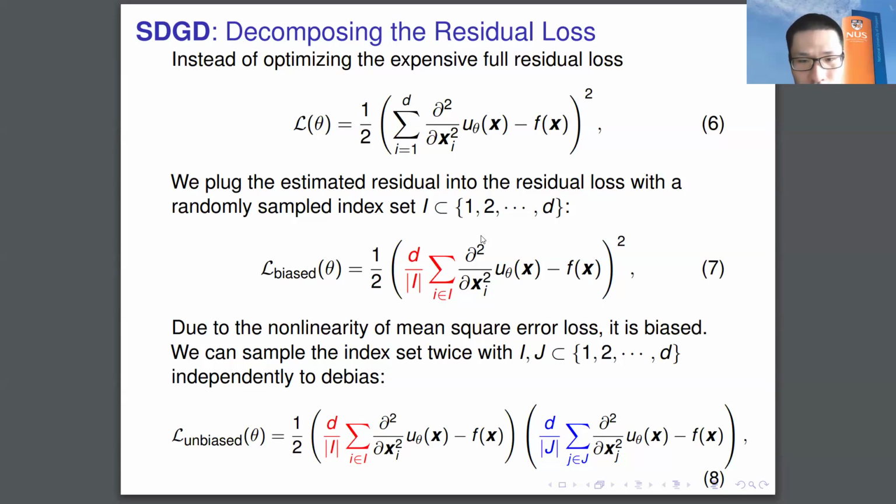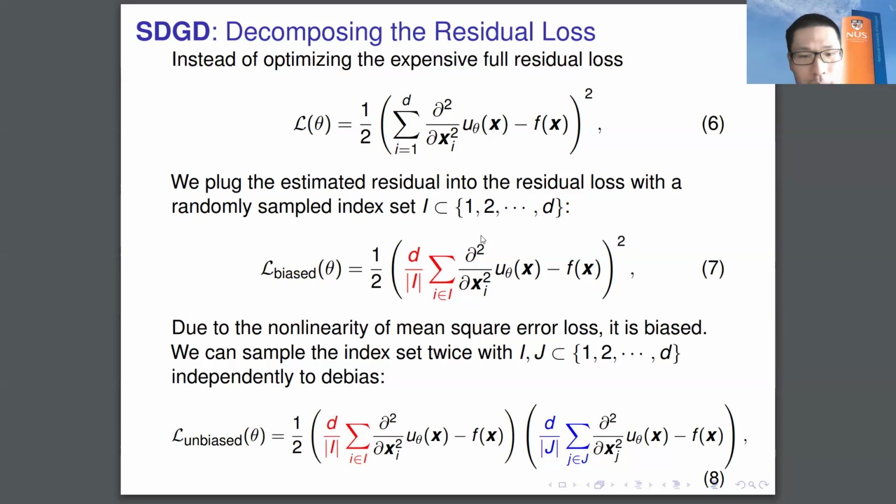One thing to note is that the loss in equation 7 is a biased estimator. Although the sampled SDGD residual is an unbiased estimator of the full residual, the loss function is a mean square error loss. The mean square error is a square, so it's nonlinear, and we do not have the linearity of expectation. So equation 7 is biased.